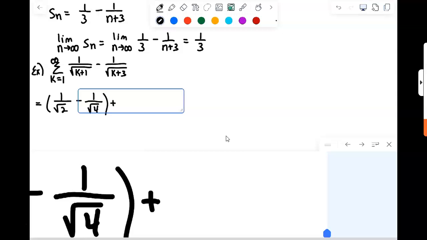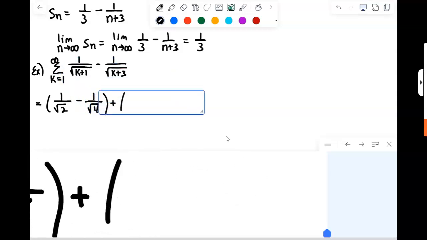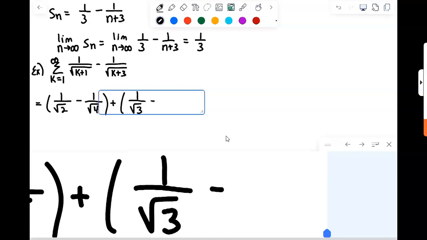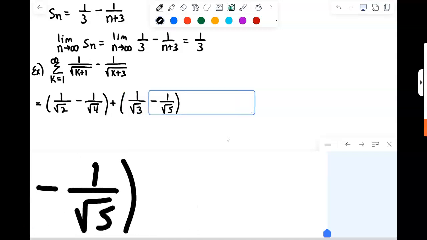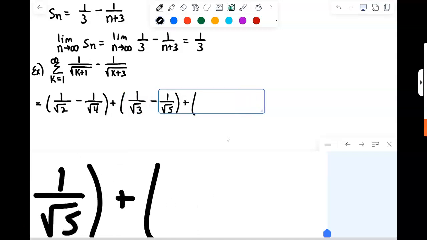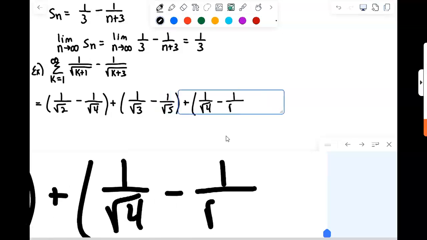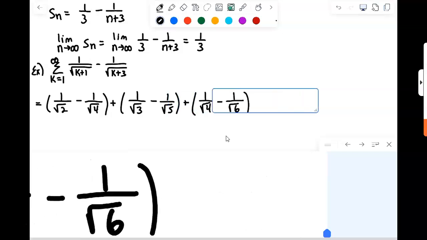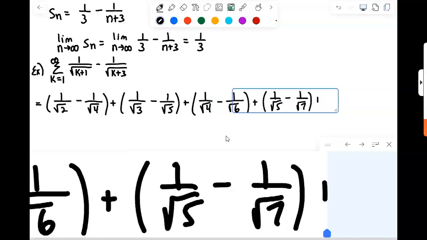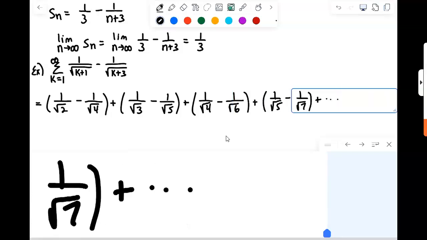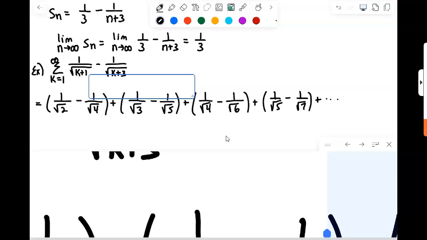The next term, k equals 2: 1 over the square root of 3 minus 1 over the square root of 5. And keep going, plus k equals 3, so 1 over the square root of 4 minus 1 over the square root of 6. And keep going, plus 1 over the square root of 5 minus 1 over the square root of 7, and this continues on.